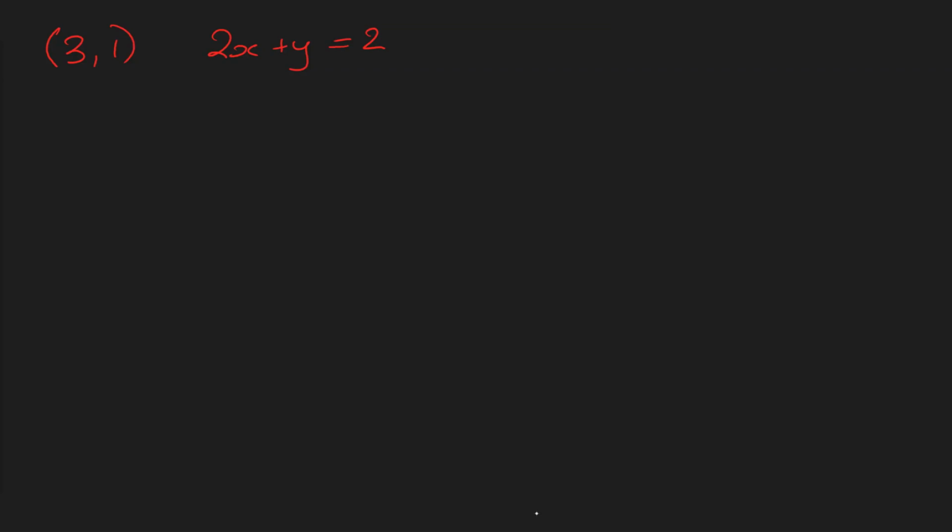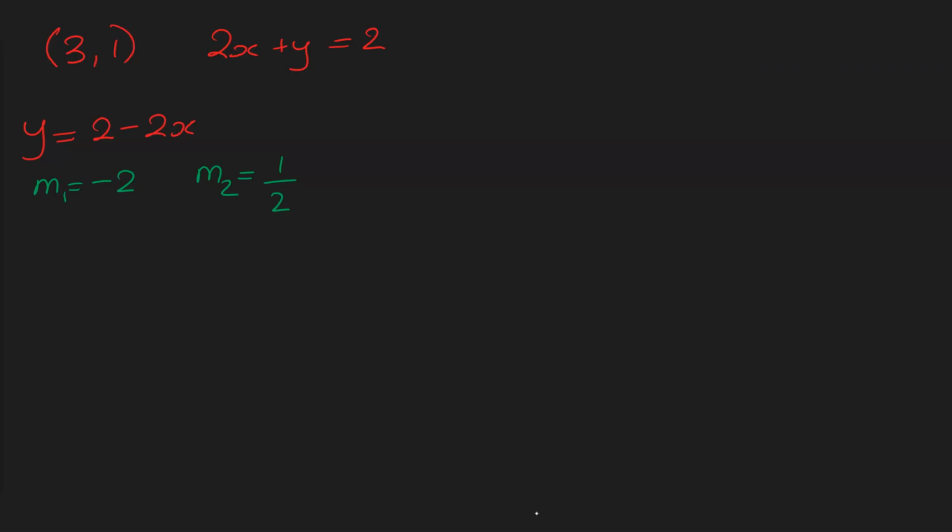It's simple rearranging: y equals 2 minus 2x. We have determined the gradient for this equation is -2. Therefore, I'll write that as m1, and we want m2 to be the negative reciprocal of that, so 1/2.